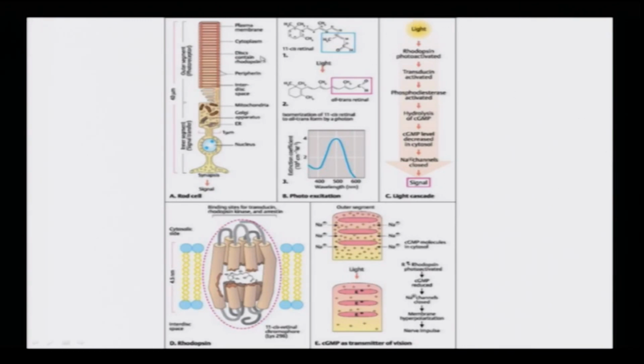This is the basic overall structure of the rod cells, followed by photoexcitation, where 11 cis retinal is transformed into 11 trans retinal, and this leads to the bleaching process, and then comes what is happening in the rhodopsin moiety, all the arrangement and rearrangement within it. Okay, cyclic GMP as transmitter of vision.